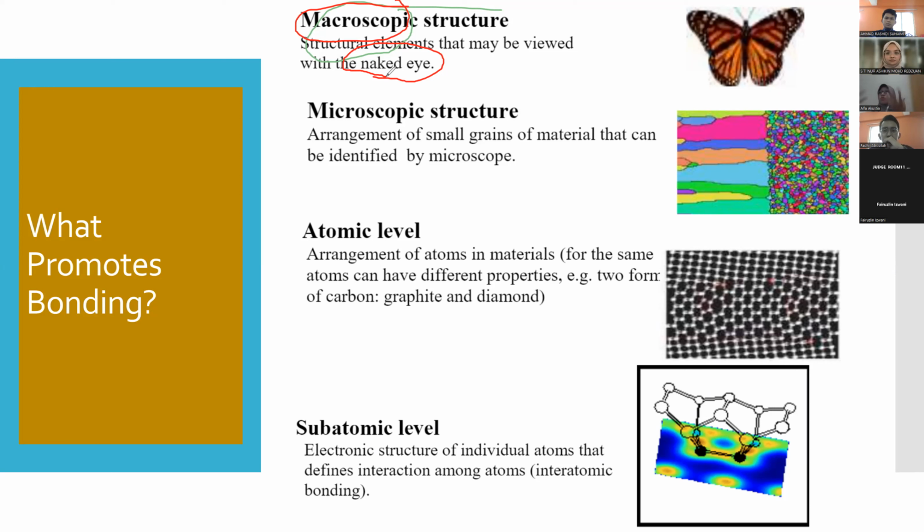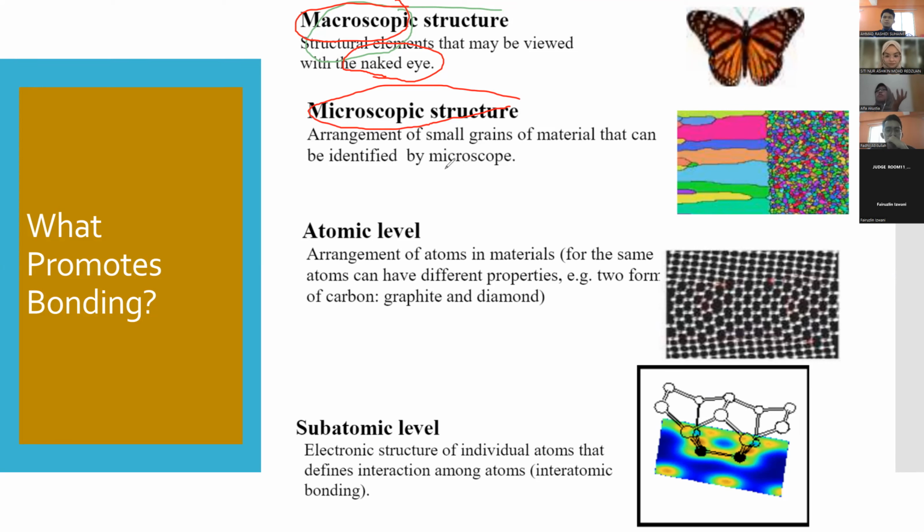When we want to look at a small area and see what the composition is, what happens in the small parts, that is the microscopic structure. Microscopic structure is the arrangement of small grains of material that can be identified.